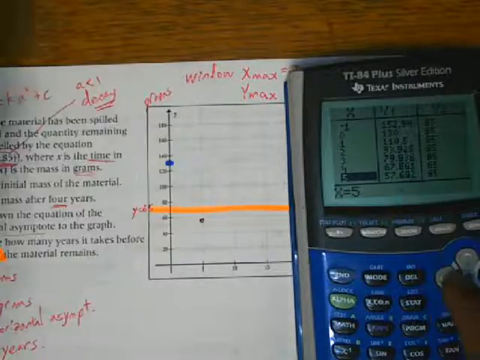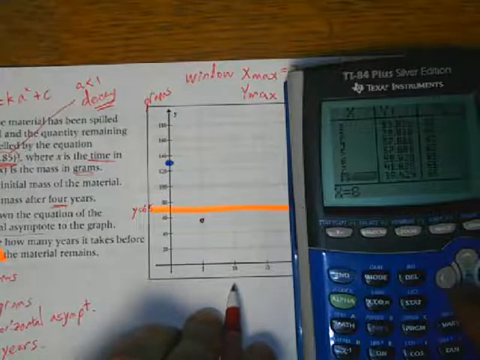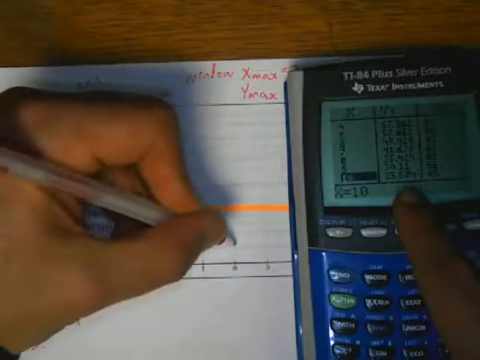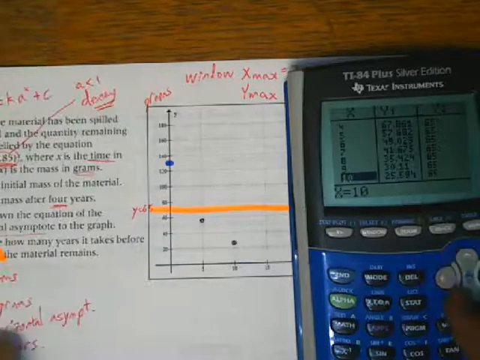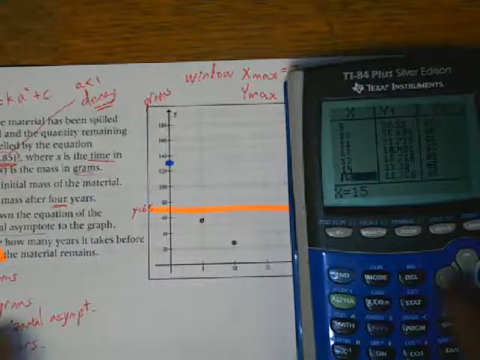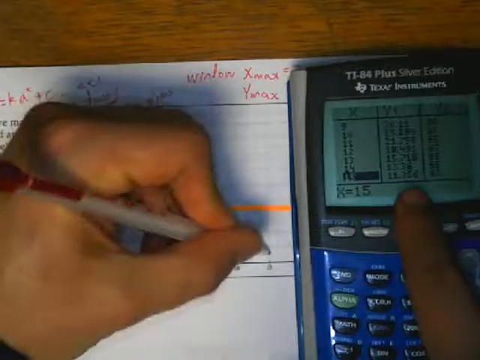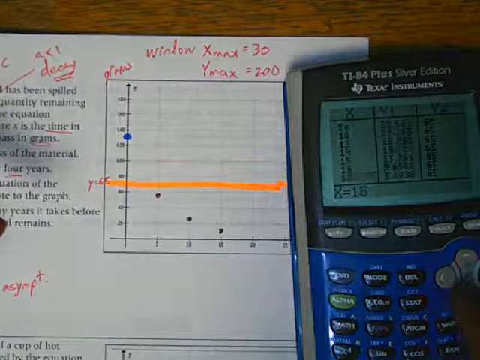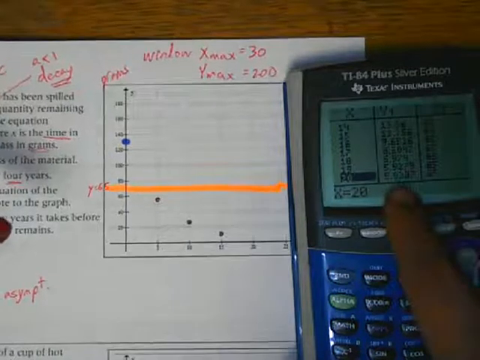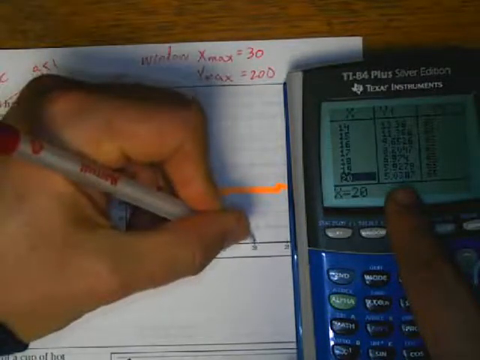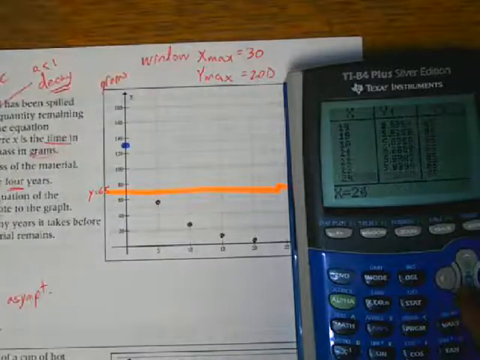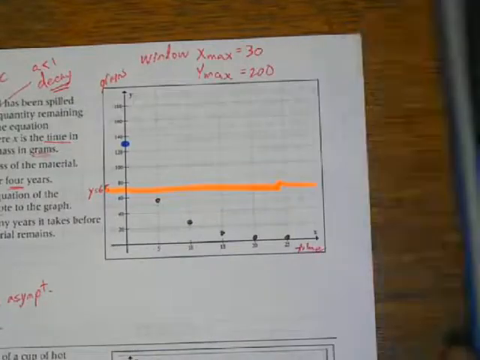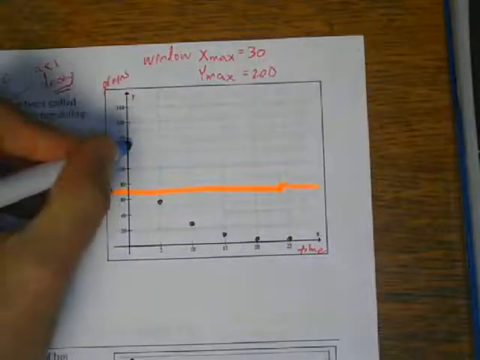At 10 we're at 25.5. At 15 we're at 11. At 20 we're at 5. At 25 we're at 2. And you can see the pattern is decay.